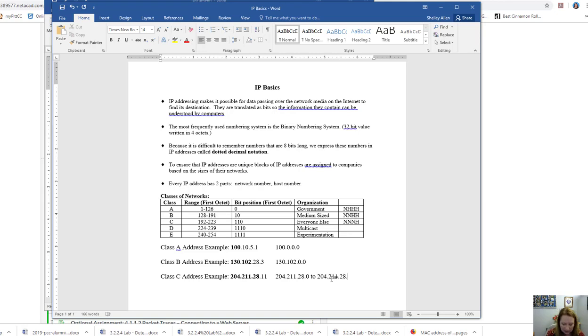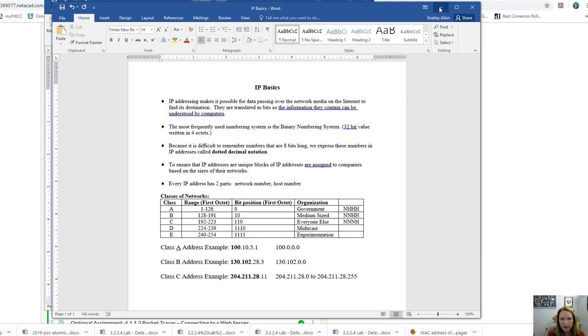Again, those are the same because that's the network number. You can't assign that last number because that's what we would consider a broadcast number, which I believe you'll learn about in this section also. But the broadcast number is like a signaling that would be sent out to notify all the devices. So again, you can't assign the 0 or all zeros in the host portion. You can't assign the number that would have all ones in the host portion as well.